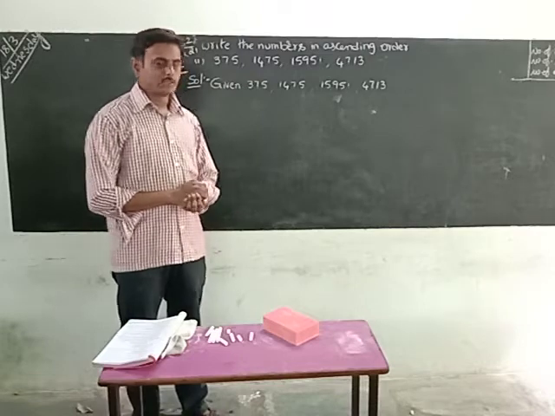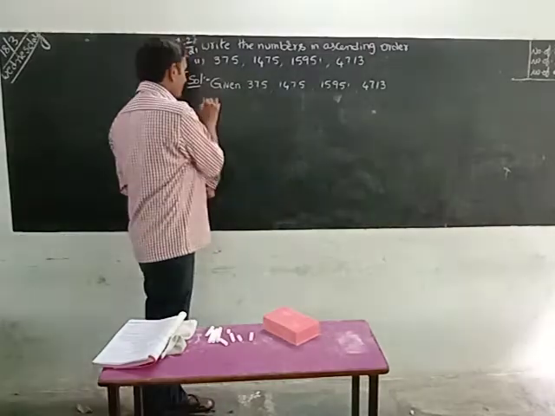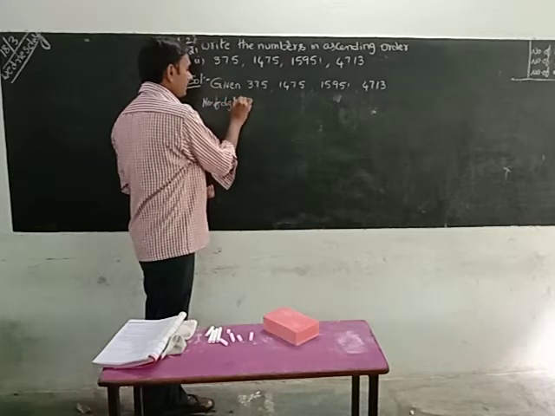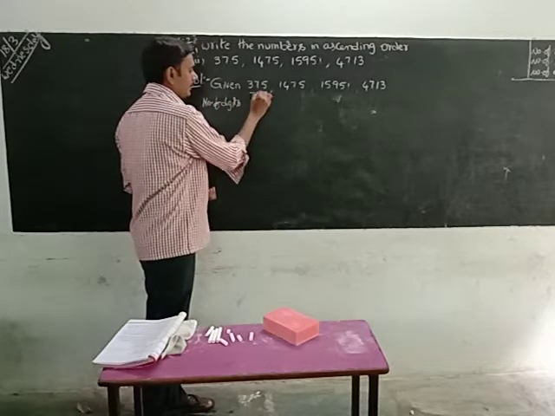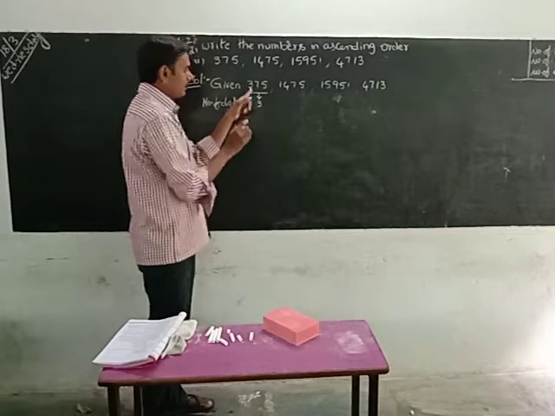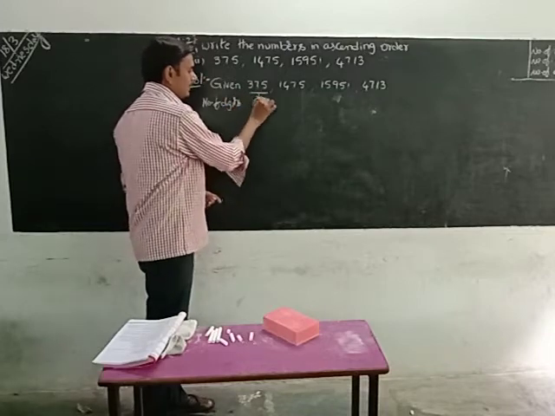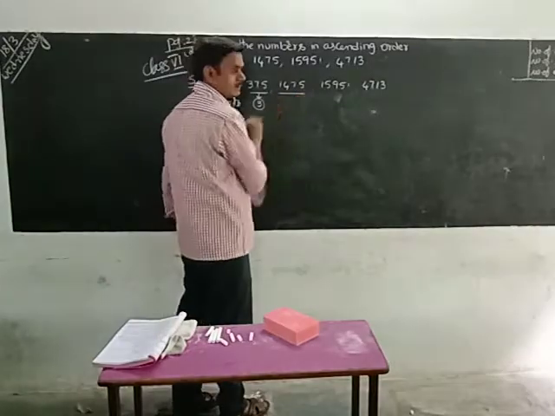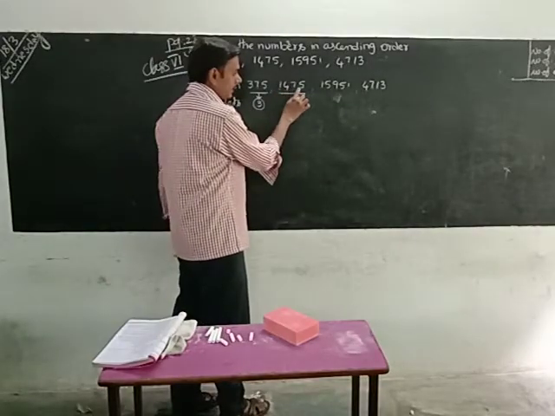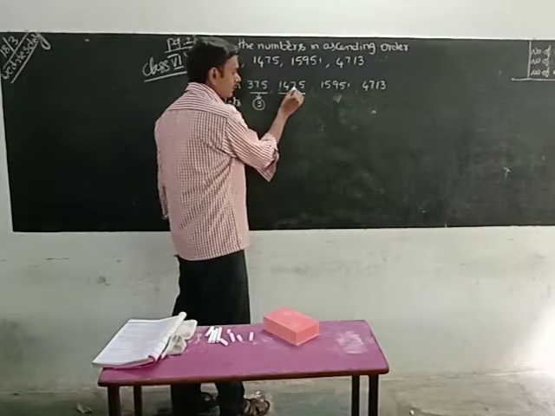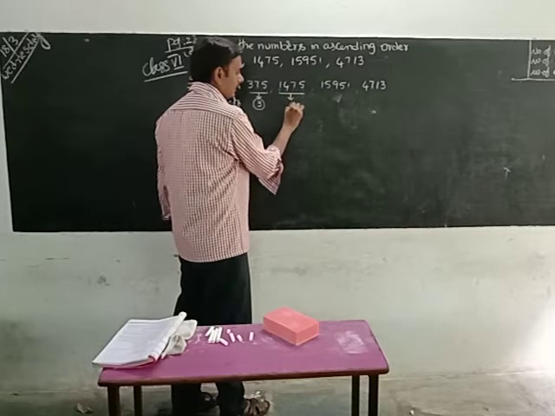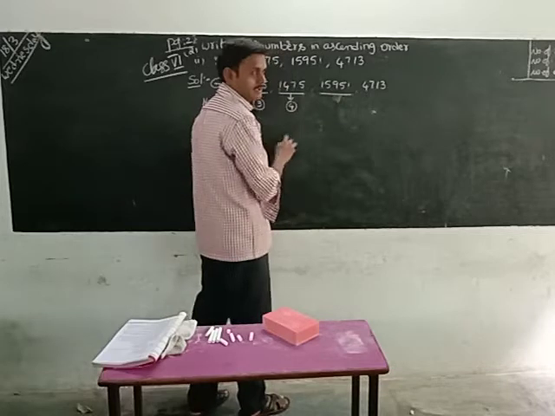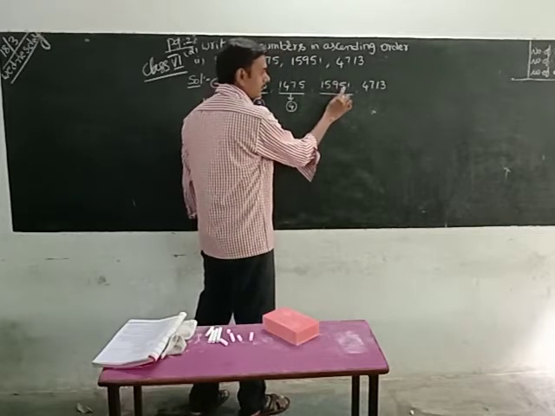In this number, how many digits are there? 3 digits: 1, 2, 3. In this number, 4 digits: 1, 2, 3, 4. In this number, 1, 2, 3, 4, 5.